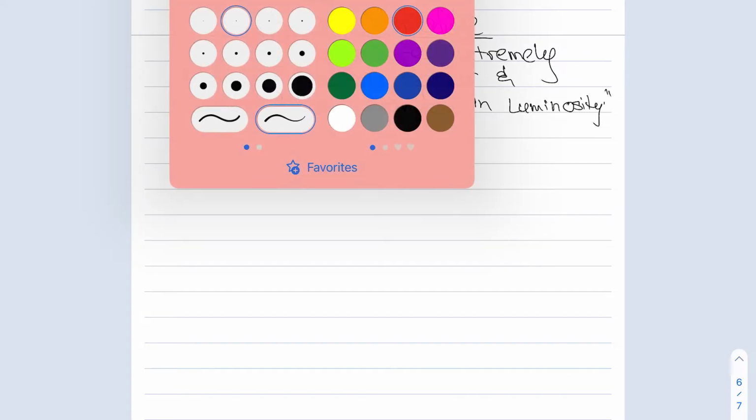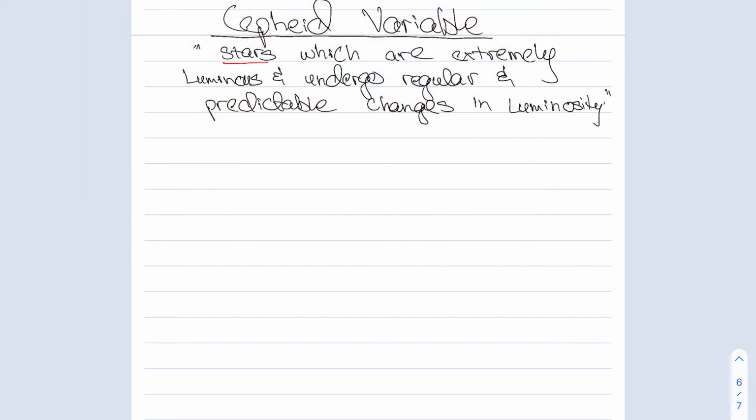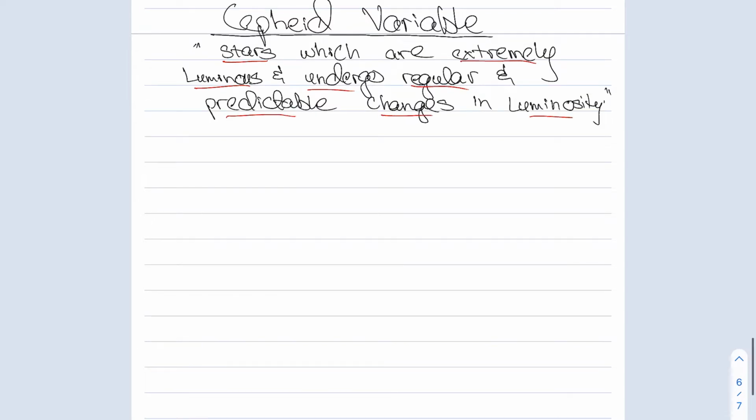Forgive me for my handwriting once again. Stars which are extremely luminous and undergo regular and predictable changes in luminosity, right?